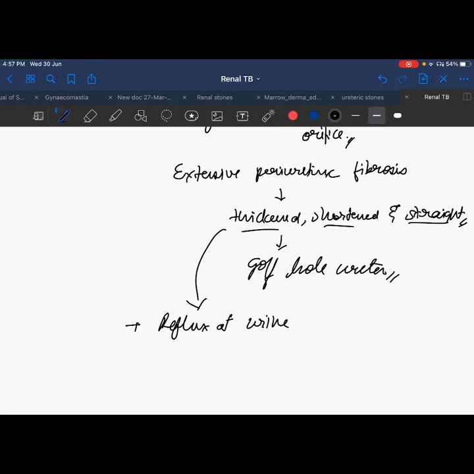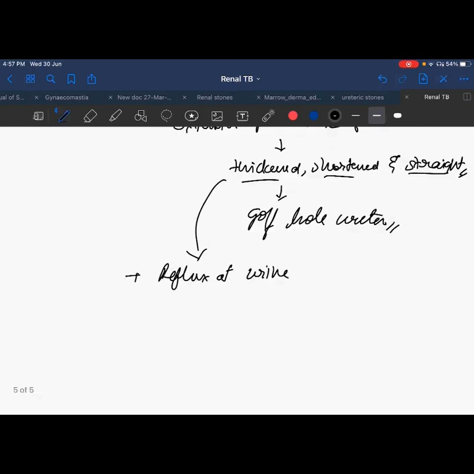Obviously, if this is uncorrected, it will damage the renal parenchyma and the kidney. Okay, that is that.